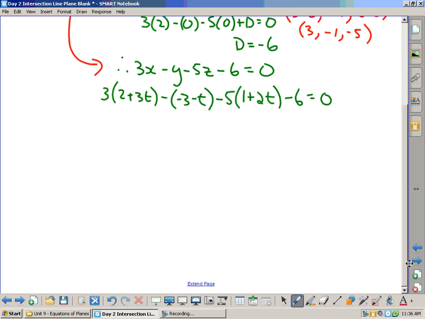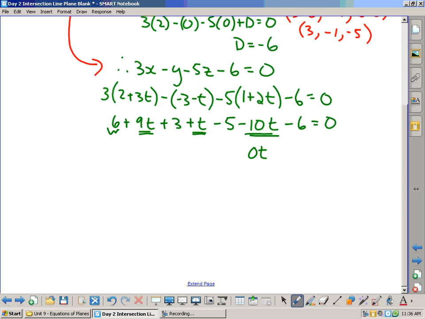Give myself some room. 6 plus 9t plus 3 plus t -5 minus 10t, and then -6 equals 0. Combine my like terms. 9 plus 1 is 10, minus 10, 0t. And then I get a 6, and 9 minus 5 is 4. -2 equals 0. So 0t equals 2.